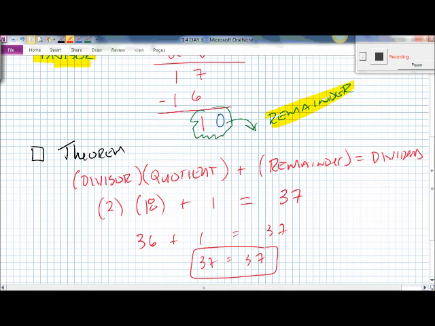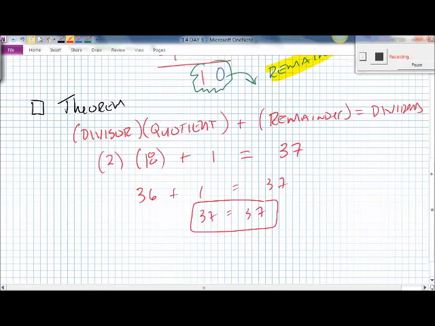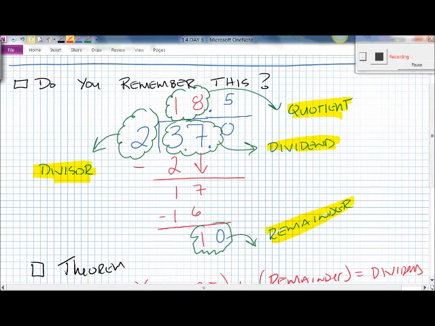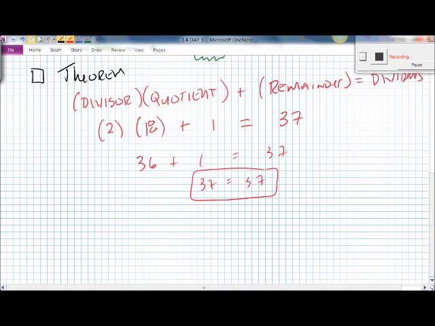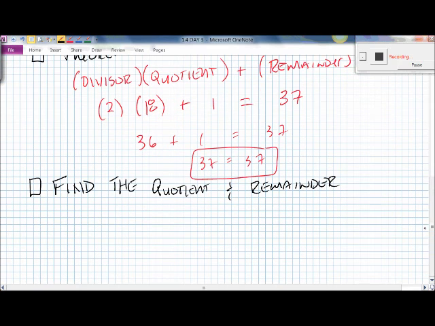The reason I'm telling you this now is because the way that we did this, the same thinking that we had up here, is the same thinking we're going to use when we divide polynomials. So that's what this part is. So we're going to do this. We're going to find the quotient and the remainder for this particular problem right here.